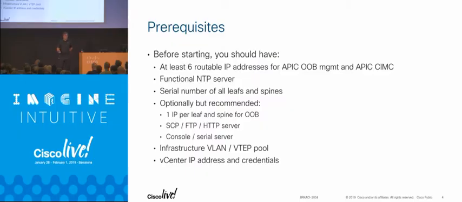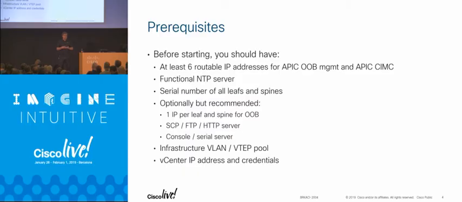And we need 3 more IP addresses because the APICs, they come with something we call the CIMC, a lights-out management adapter. If you know from some of our other, let's say, competitors, think ILO, think RSA, things like that. So the CIMC adapter is there if things go wrong.